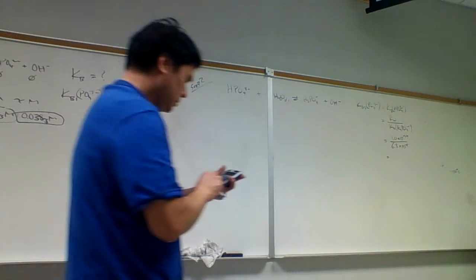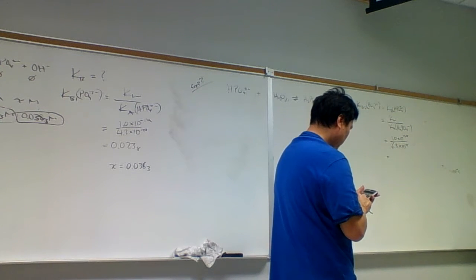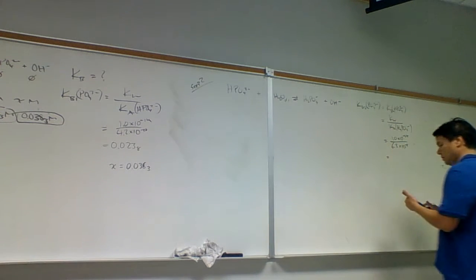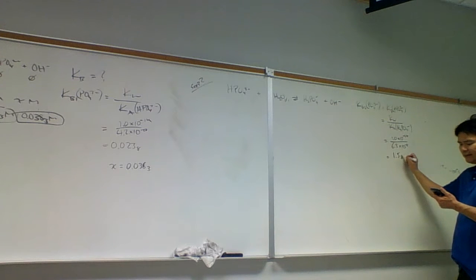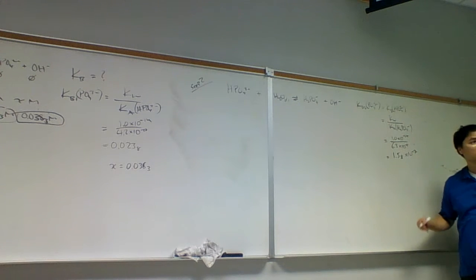So 1 times 10 to the negative 14 divided by 6.3 times 10 to the negative 8. This comes out to 1.58 times 10 to the negative 7. Is that what you guys get?